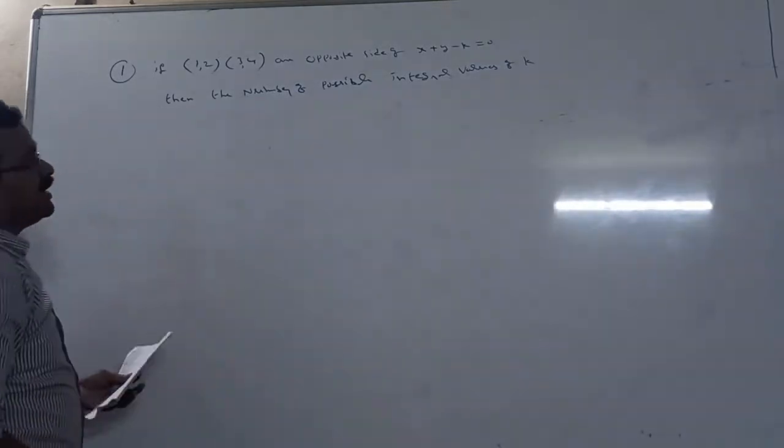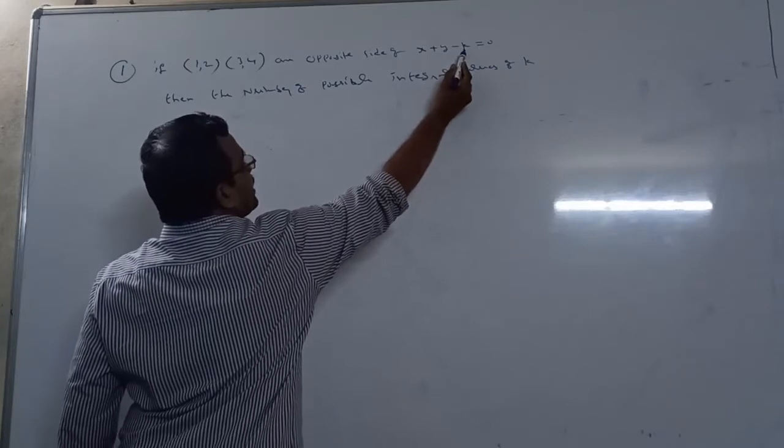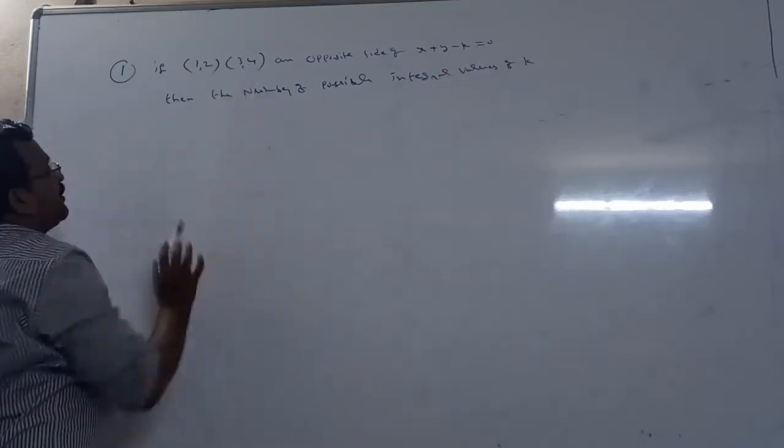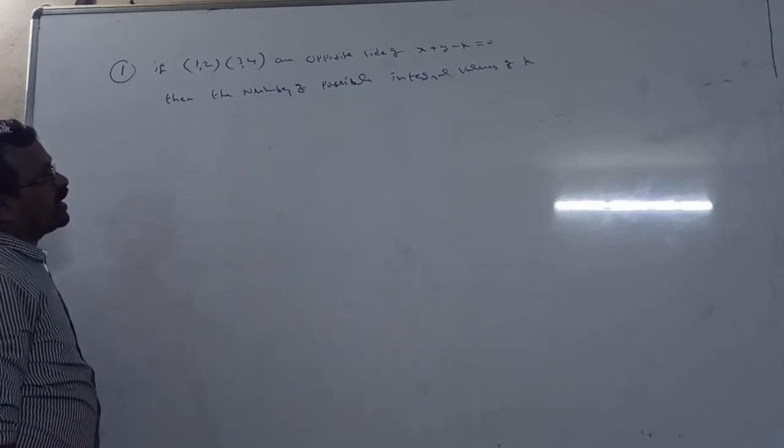In this question, they are asking how many integer values exist for k, but they have given that these 2 points are on opposite sides of the line.